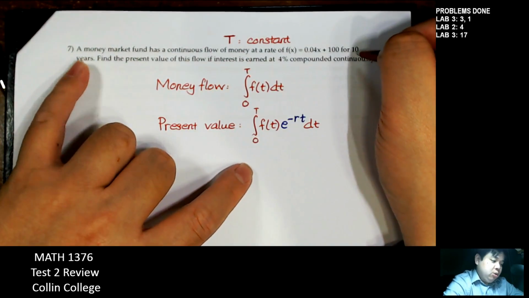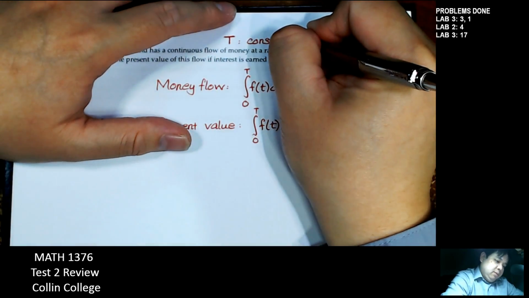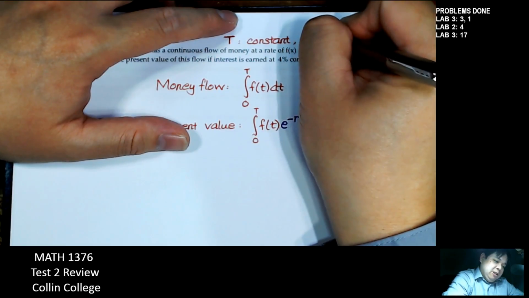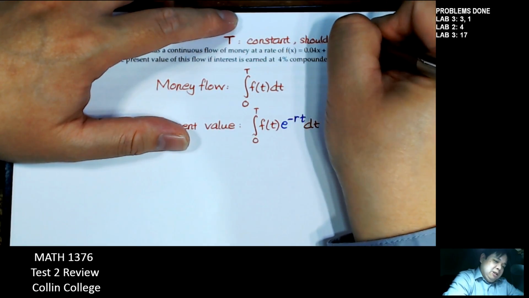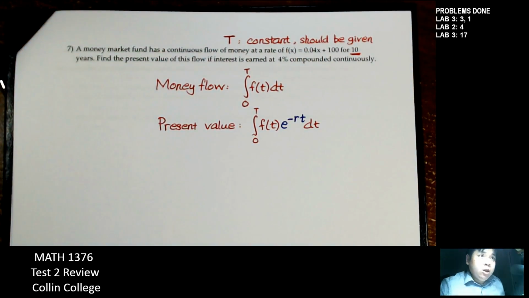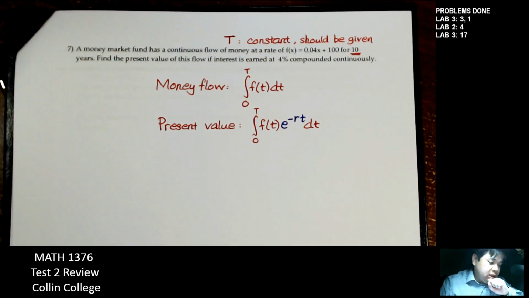So in this case, 10 years. So in this case capital T is 10. A constant should be given. It is 10 in this case. Right, so we stick that in for the present value, e to the negative rt.